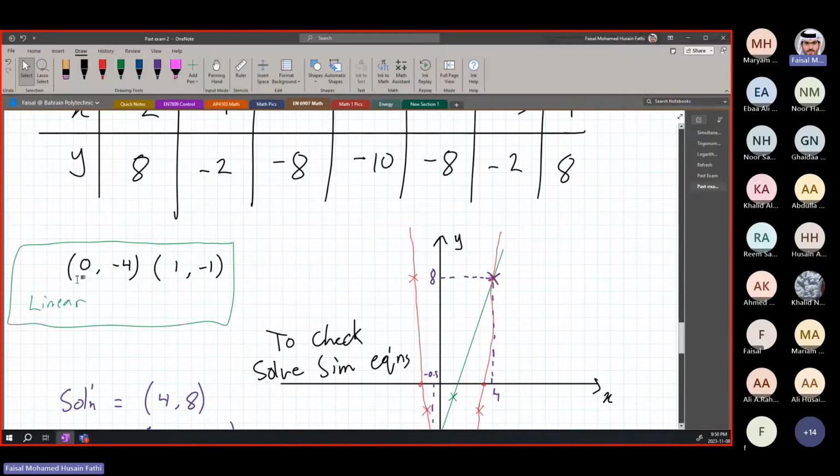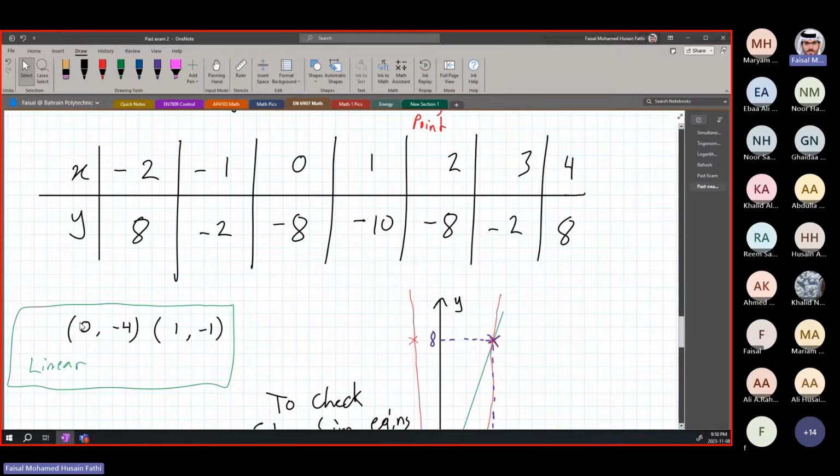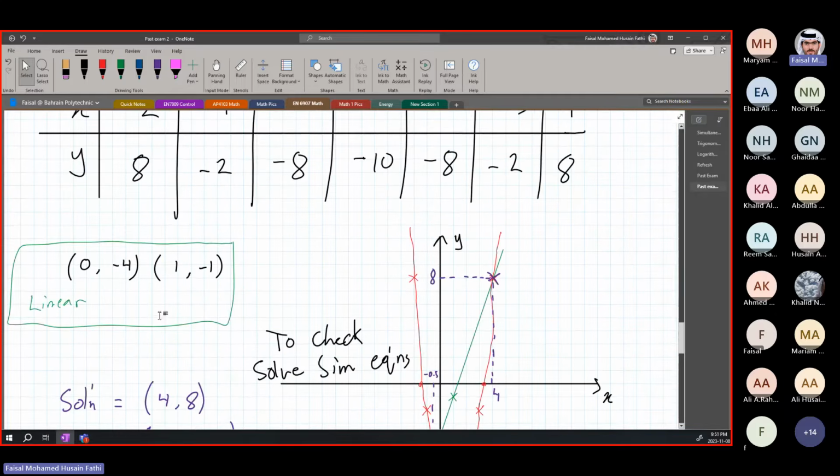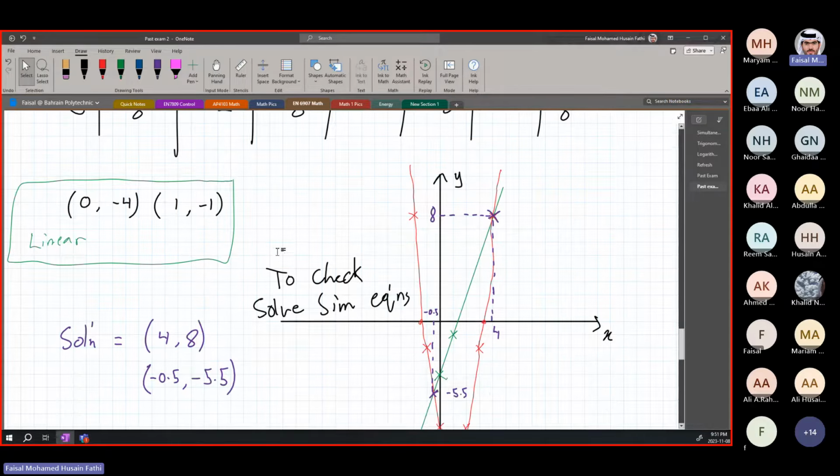I would mark on you finding a linear equation, what points you used. You can do a table or do the XY intercept method, either way. Do a small table, for example x and y, 0 and 1, and that's it. Two points are enough for me, but I'm not sure if they want more or not. I'm not sure how the exam works.